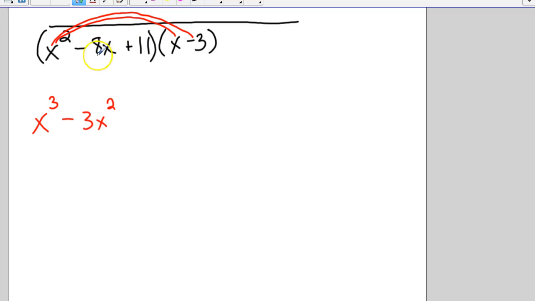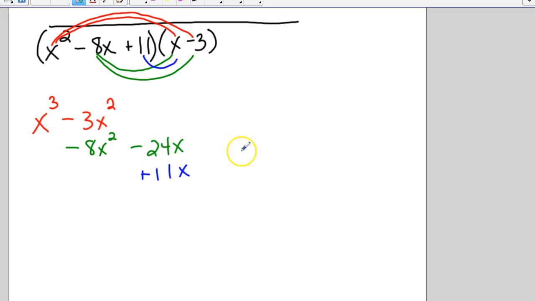Now I'm going to come through and do a negative 8x times x, and I'm going to line that up here because that's an x squared term. And then I'm going to do negative 24x. Then I'm going to come through and do my last piece. So I get plus 11x, and lastly I get minus 33.